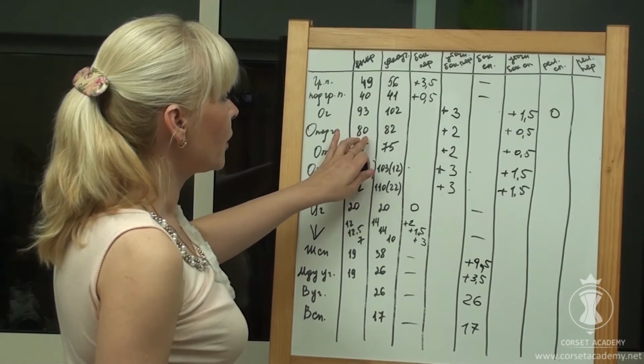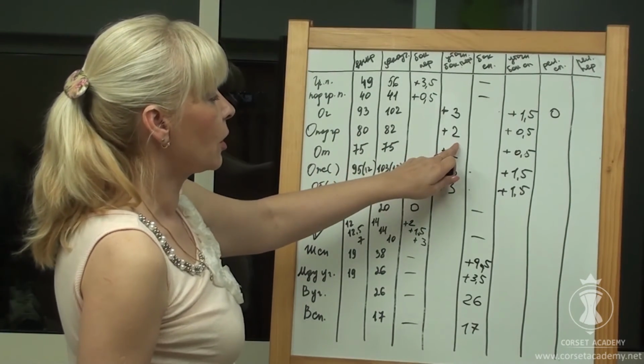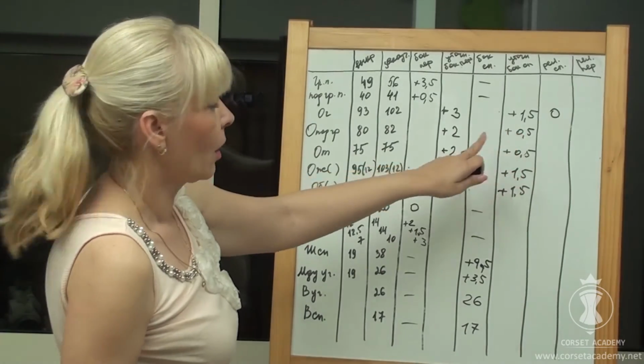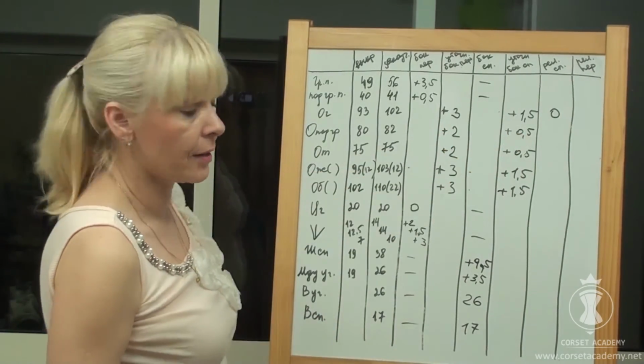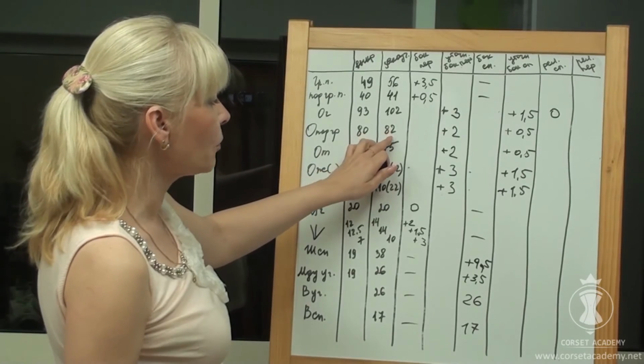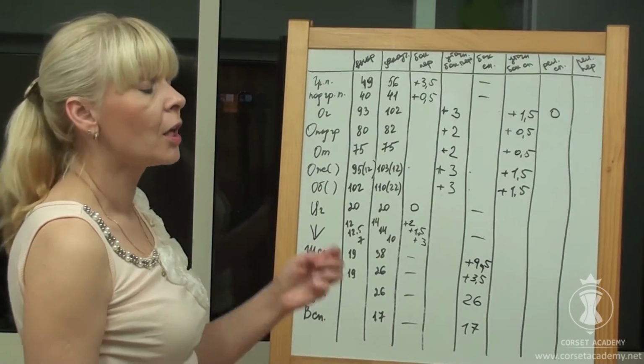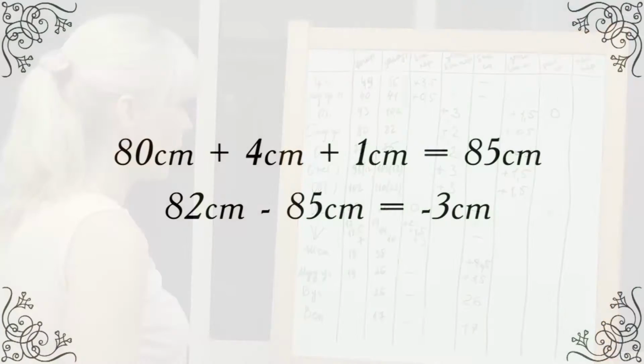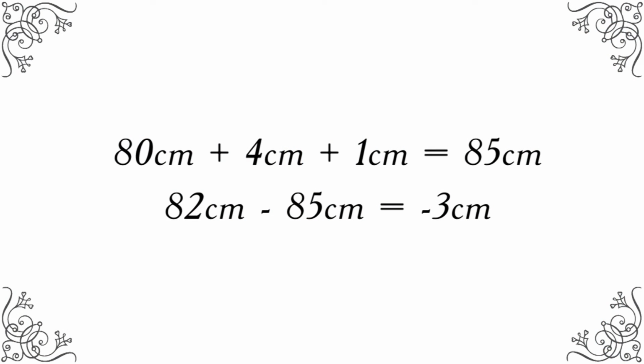Along the under bust line, I have added 4 centimeters to the measurement of 80 centimeters on the pattern to adjust the side seam contour at the front and 1 centimeter to adjust the contour at the back. 80 centimeters plus 4 centimeters plus 1 centimeter equals 85 centimeters. My client's measurement is 82 centimeters. 82 centimeters minus 85 centimeters equals -3 centimeters.